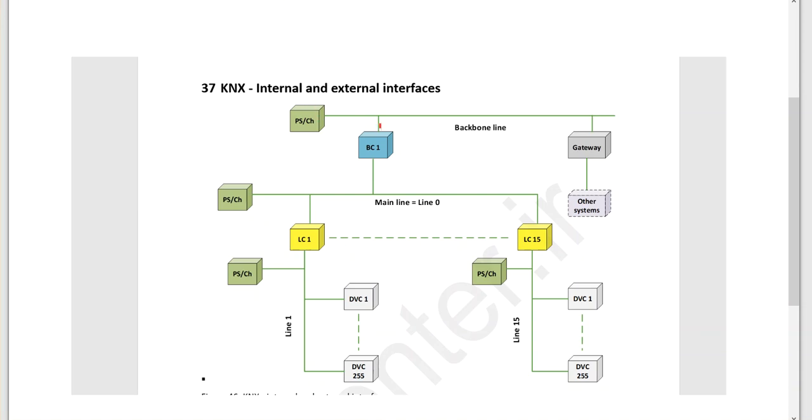You can see if I put the gateway here, and it wants to communicate with each line. For example, I put the PC here, the monitoring system, and if I want to communicate with each line, it is like this.